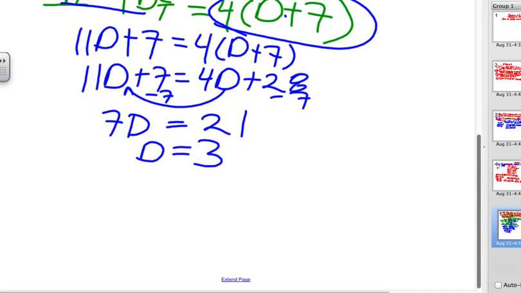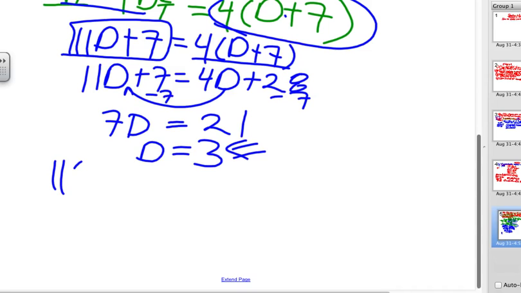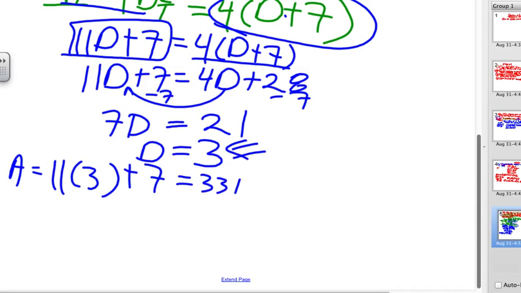So we can plug it back in either one of these, all right? And I'll go ahead and put it into this one. You can also put it into this one. Either one would work. Now your first check, number 4, is make sure that this number is not negative, or something really outrageous. So I'm going to have 11 times 3, the age of the actor, plus 7, which is going to equal 33 plus 7, which equals 40.